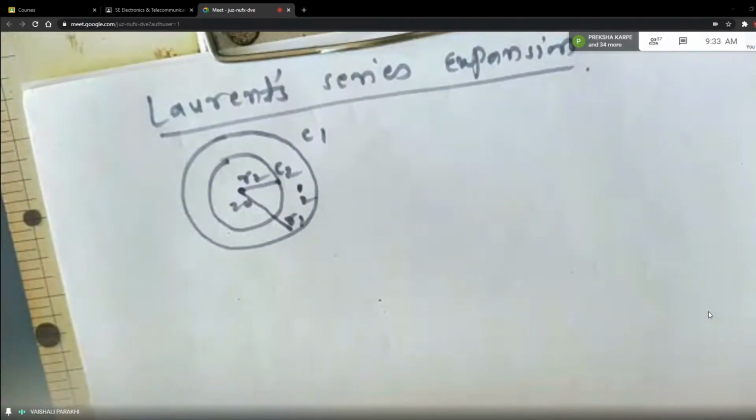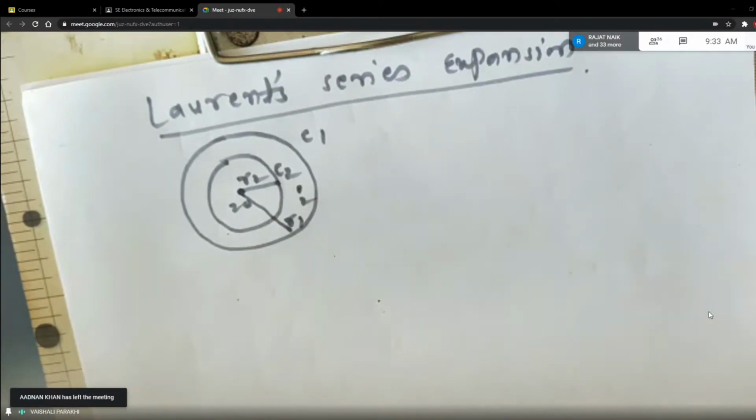Concentric circles means one circle within another circle, with radii r1 and r2. The center is common for them.